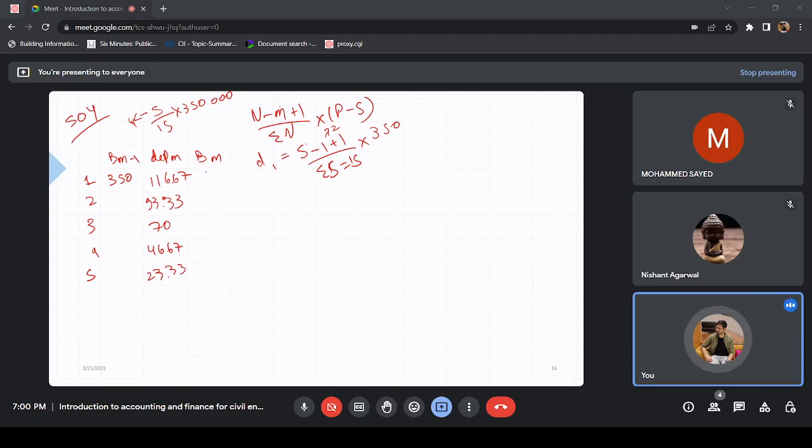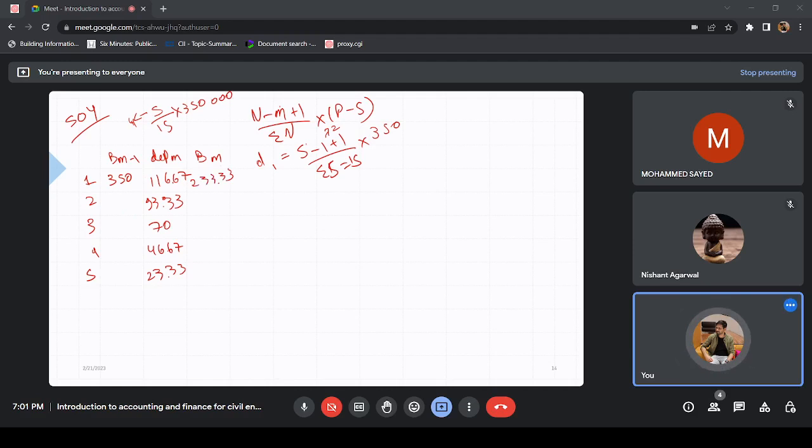Now let's calculate the book values. Can you do it quickly? So this becomes, I guess, 233.33.